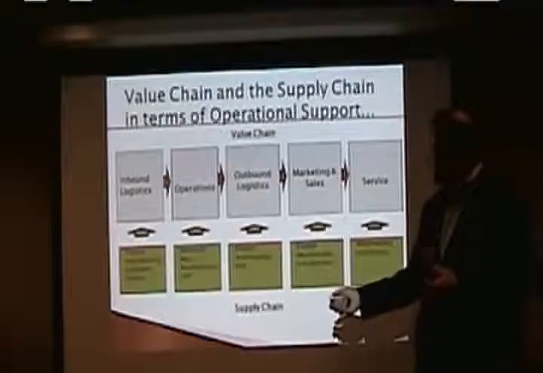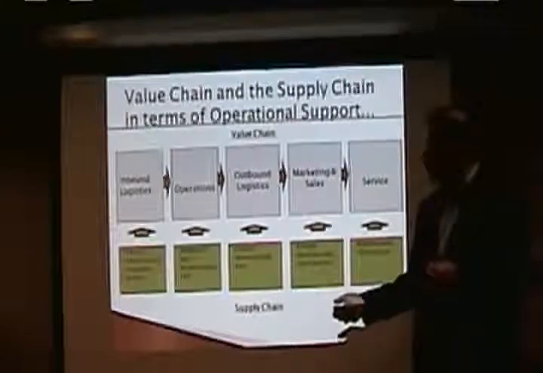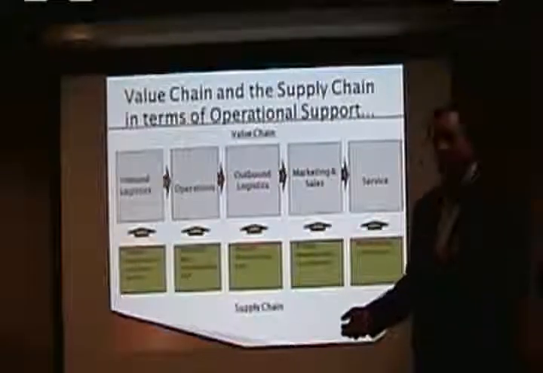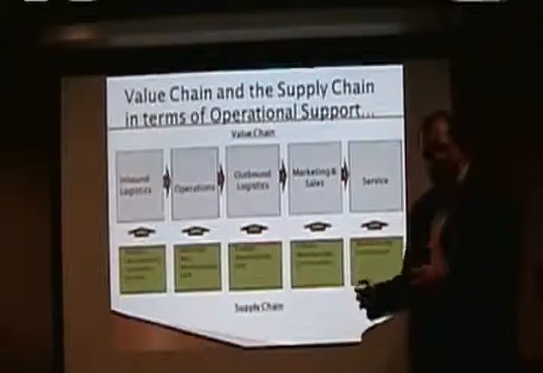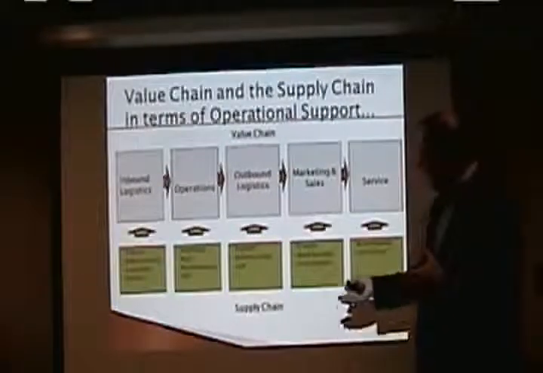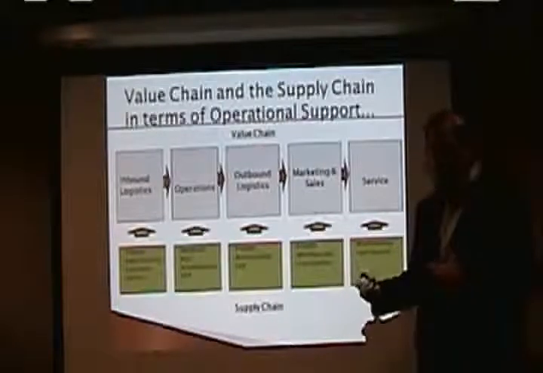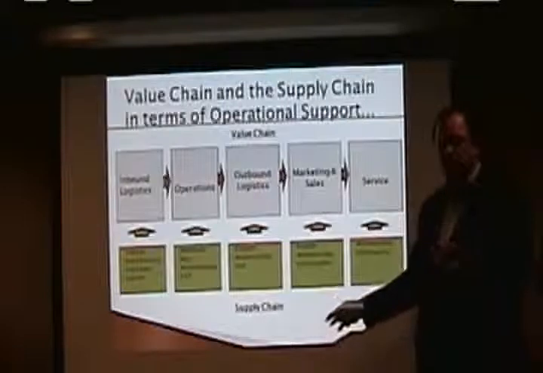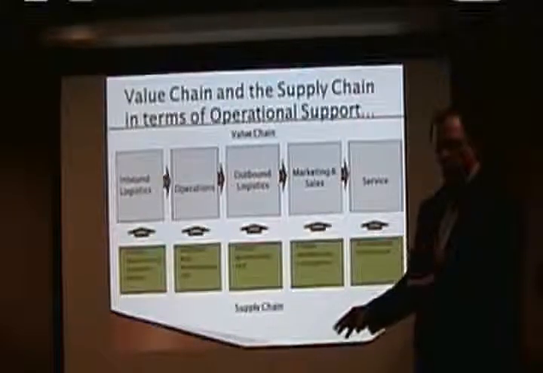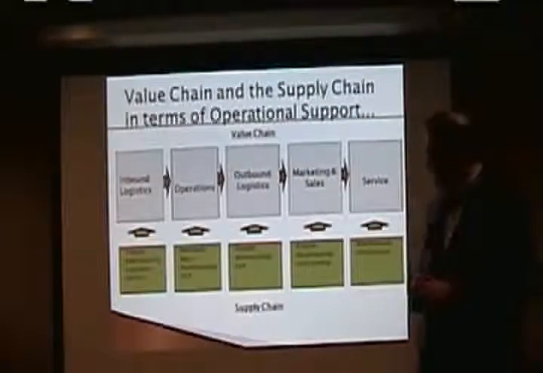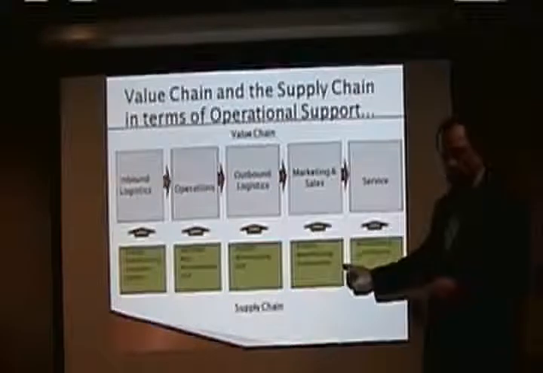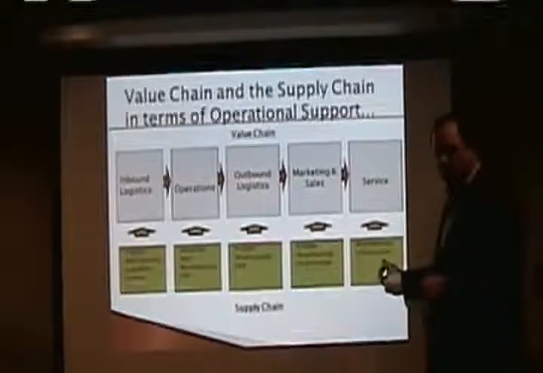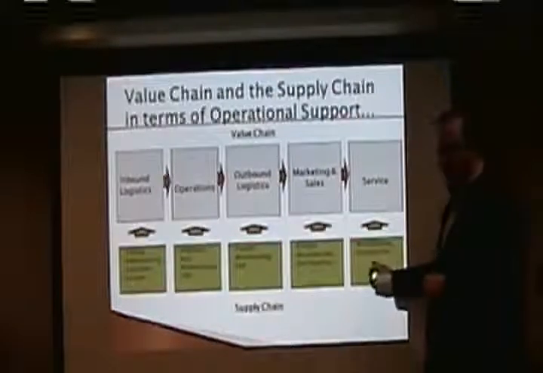In the operations, supply chain impacts this from the standpoint of materials management within the operations itself, the warehousing process, enterprise resource planning, outbound logistics as part of the value chain. You can see again where the supply chain process affects this from a freight standpoint of logistics, warehousing, again, enterprise resource management. Marketing and sales are affected by freight, warehousing, and distribution. And then also service can be affected by warehouse and distribution.